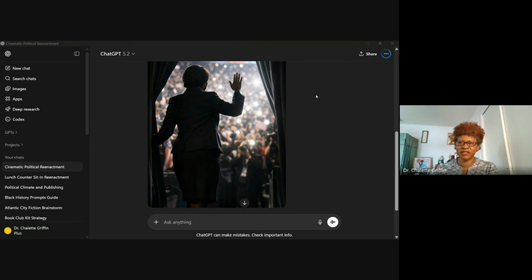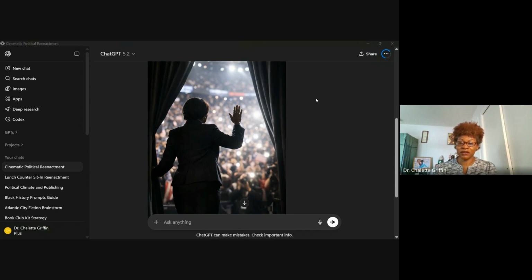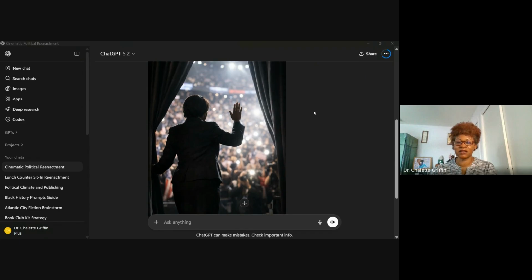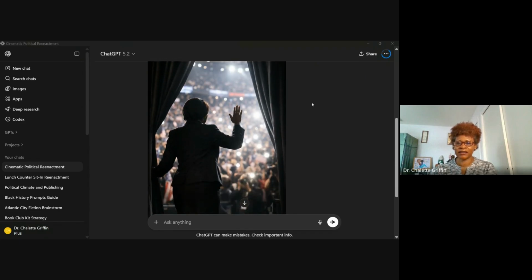You don't have to specifically say who it is, but based on the environment, you can see there's the American flag in the back. This person's coming on the stage, so clearly it's someone of importance.